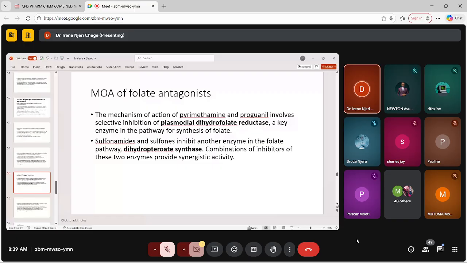Now, the antibiotics that we can use. Why do we use antibiotics for malaria? They appear to have a mode of action by interfering with protein synthesis in something called the apicoplast of the plasmodium. So there's this organelle known as the apicoplast in the plasmodium, and the antibiotics appear to inhibit protein synthesis in the apicoplast, and that is why we use antibiotics.